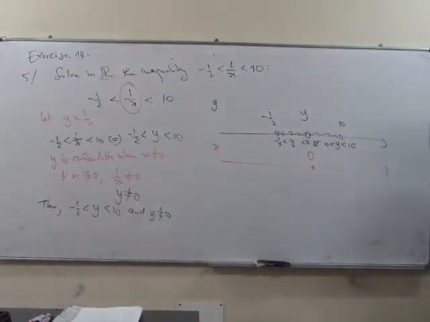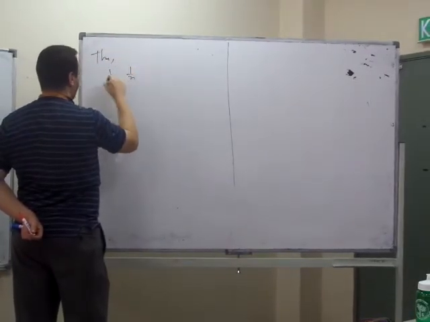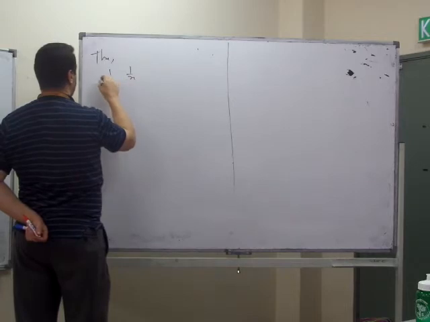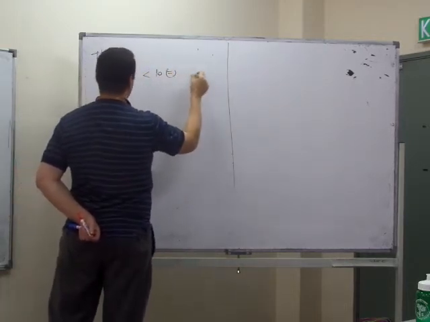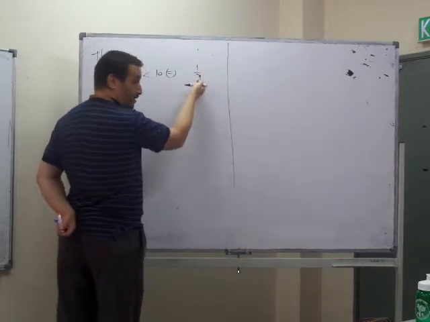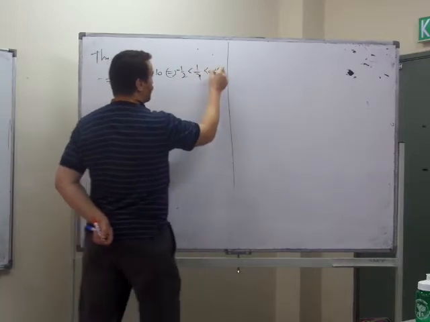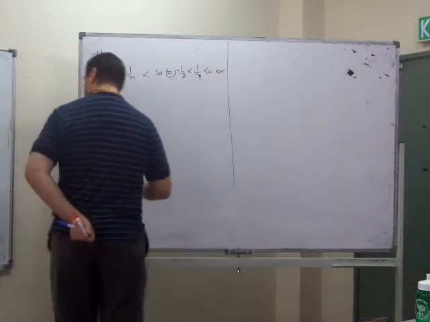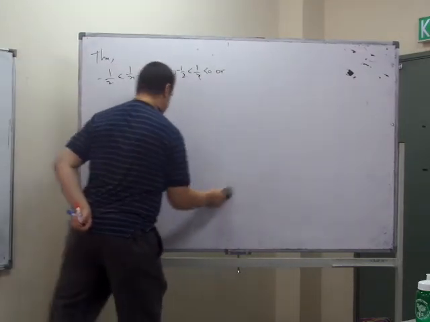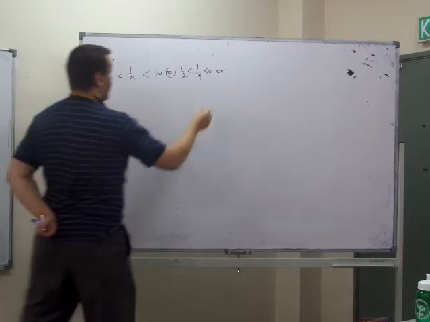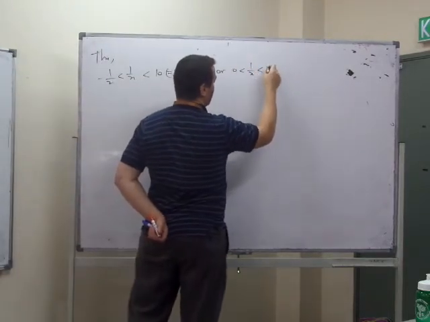So now what I have is that 1 over x is between negative half and 10, which comes to say that 1 over x, y, is more than negative half and less than 0, or y is more than 0 and less than 10.